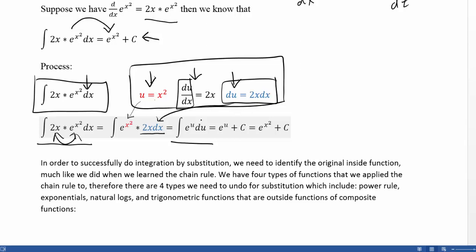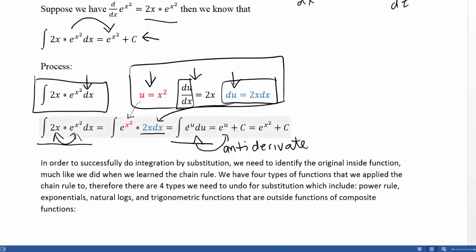We know the antiderivative of e to the x dx, which means we know the antiderivative of e to the u du. So the antiderivative of e to the u is just e to the u. It doesn't change. So from this step right here to this step right here, I found the antiderivative.